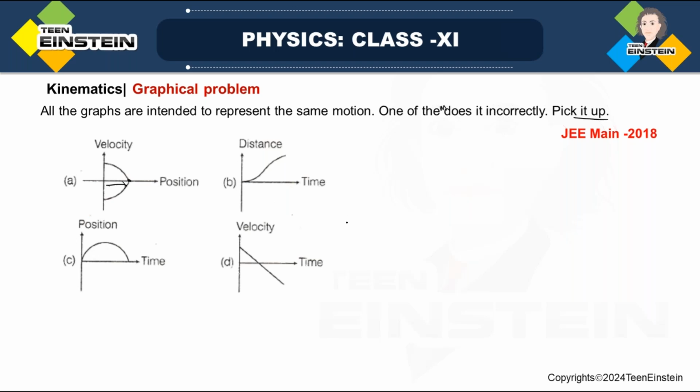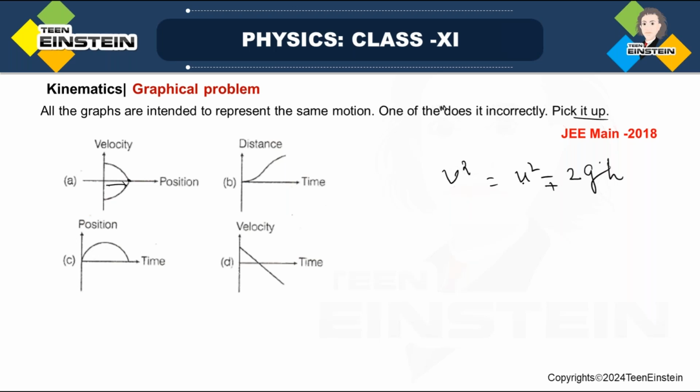Now you know the velocity time graph should be linear, but see the velocity position graph: v square is equal to u square minus 2gh. Here h is the position, and it could be positive or negative.